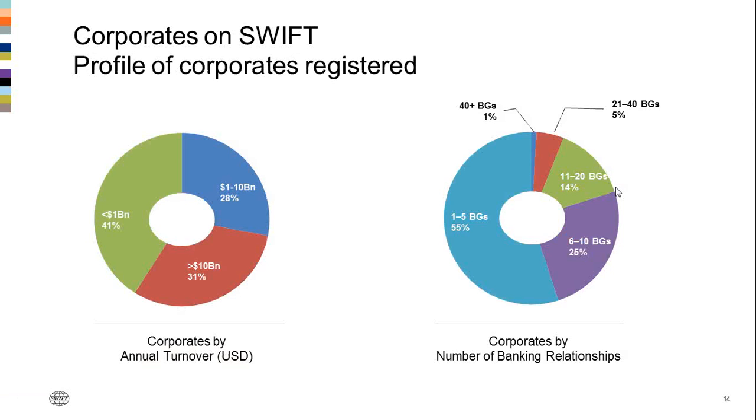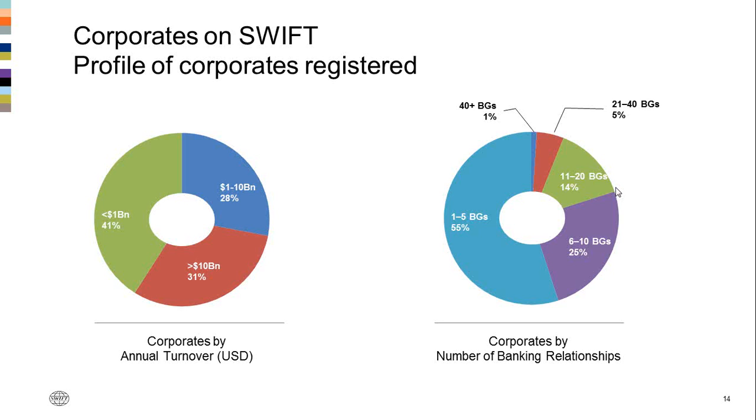If we look at the donut on the left-hand side, you can see from the blue and the red segments that some 60% or more of the corporates that we have on the network to date are in the large and multinational category, with turnovers either between $1 and $10 billion per annum, or even above $10 billion. So, not surprisingly, this whole SWIFT proposition is very attractive to the large multinationals.